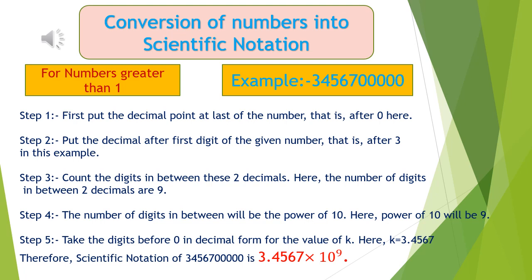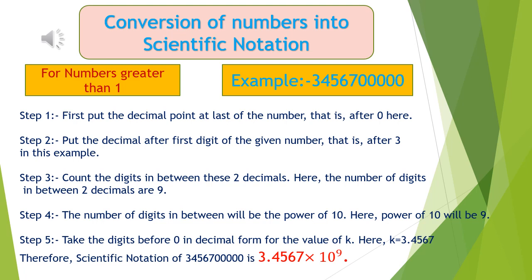Now, students, there is another concept, that is the conversion of numbers into scientific notation. You already know what scientific notation is. Now we will convert our huge numbers or our small numbers into scientific notation so that it will be easy to read or write them. I am taking an example that is greater than 1.